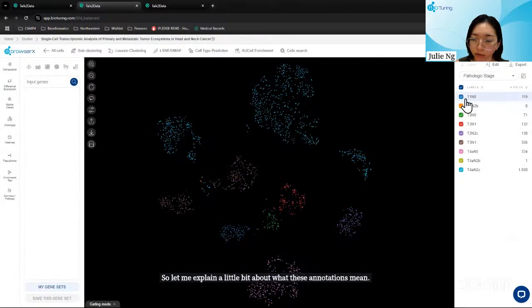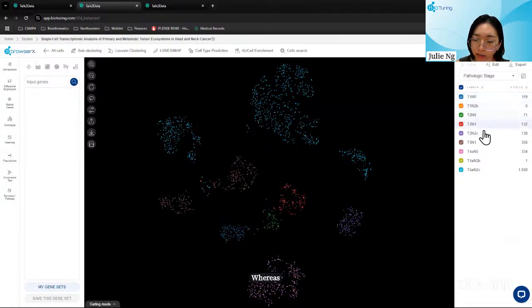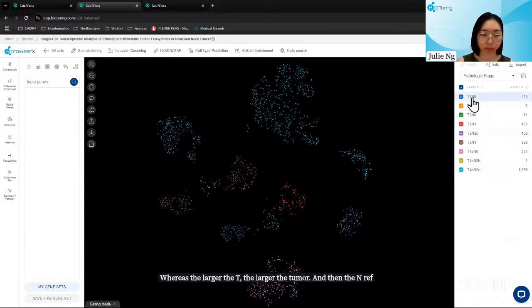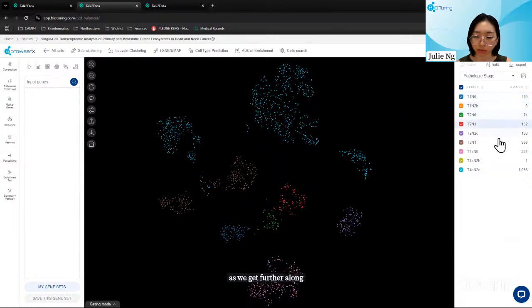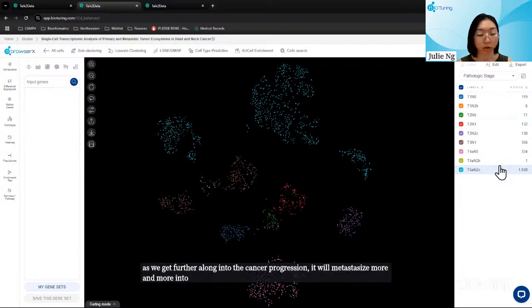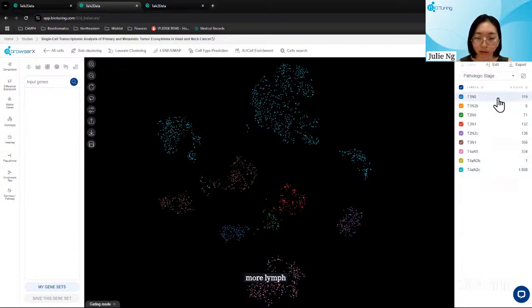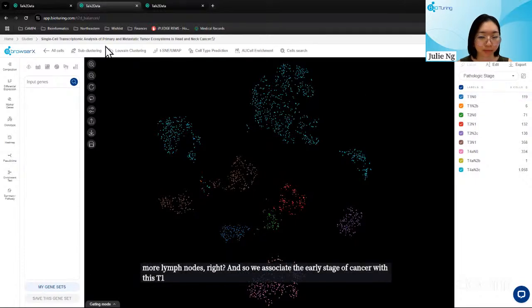We have two different annotations, T and N. The T refers to the size of the tumor, where the larger the T, the larger the tumor. And the N refers to the stage of metastasis. As we get further along into the cancer progression, it will metastasize into more and more lymph nodes. And so we associate the early stage of cancer with this T1 and N0 stage.